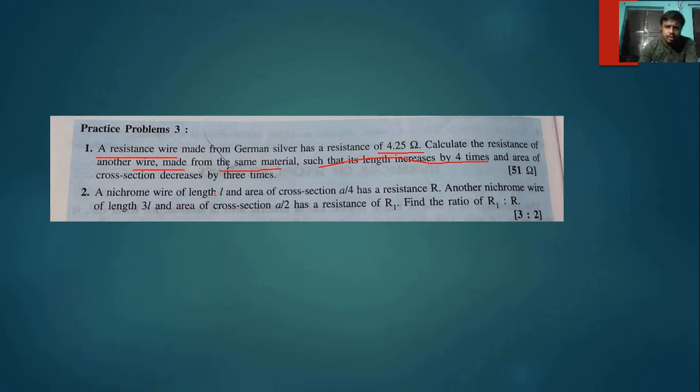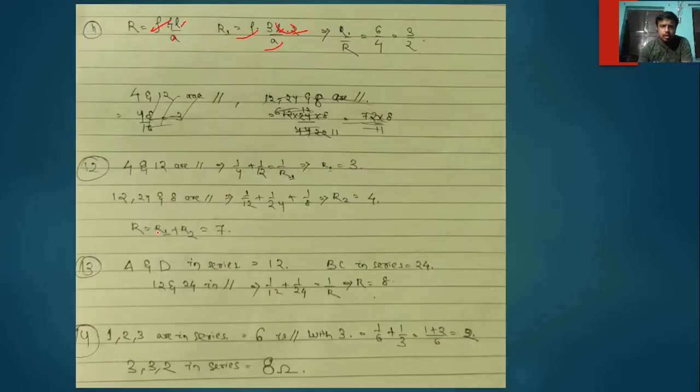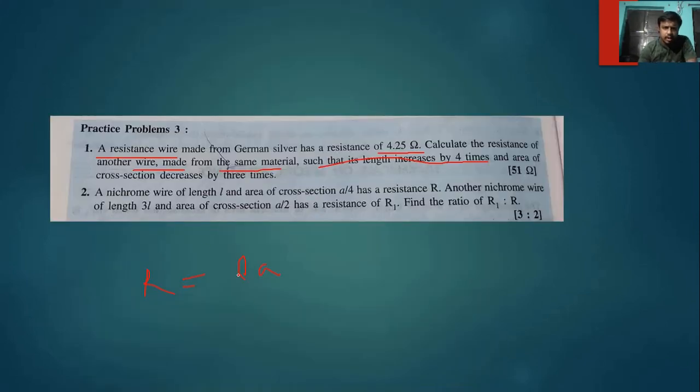In the second question, R is not given, R is equal to L by A, and another nichrome wire is given with length 3L and area of cross section A by 2.